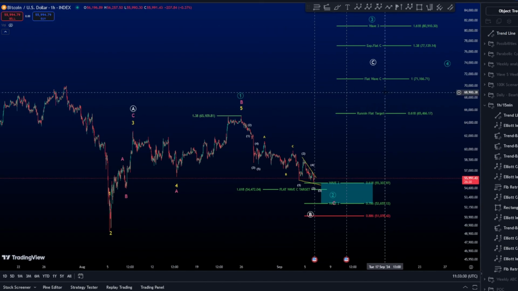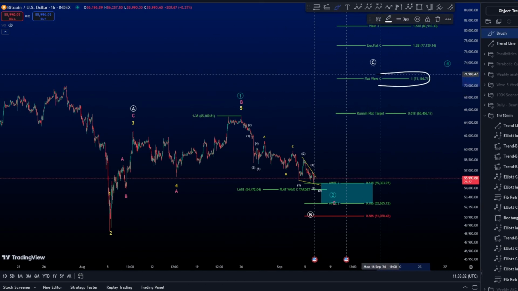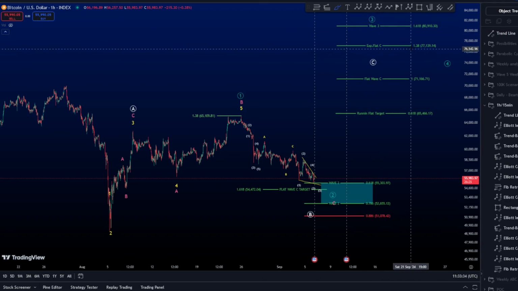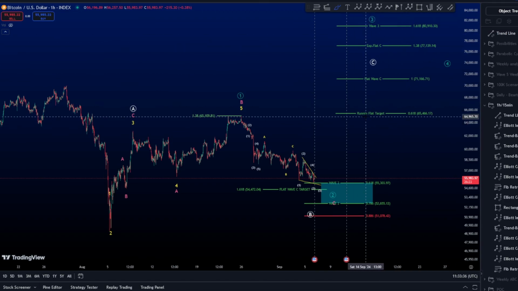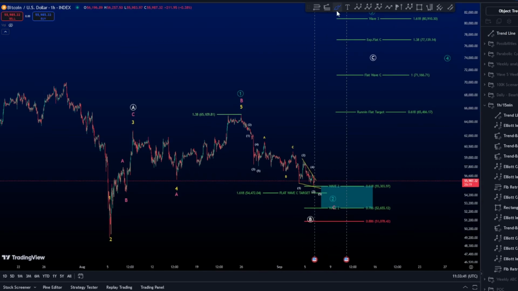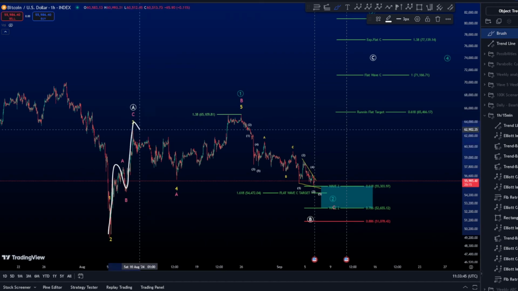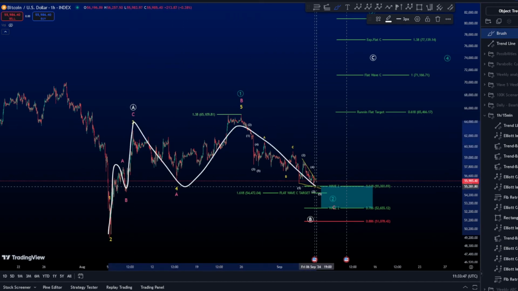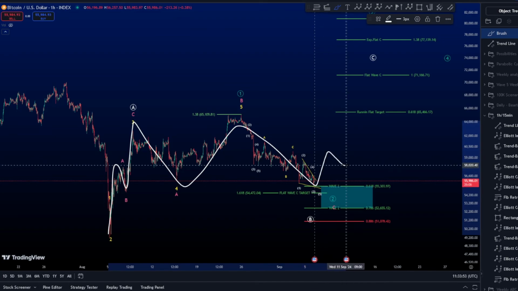The more we go higher, the more we look for the next target or the next scenarios. So the first scenario that we might face in the next bullish trend is that we might be in 1, 2, 3 and 1, 2, 3. Then we are looking for 5 waves towards the upside, starting with a running flat, which is very rare.